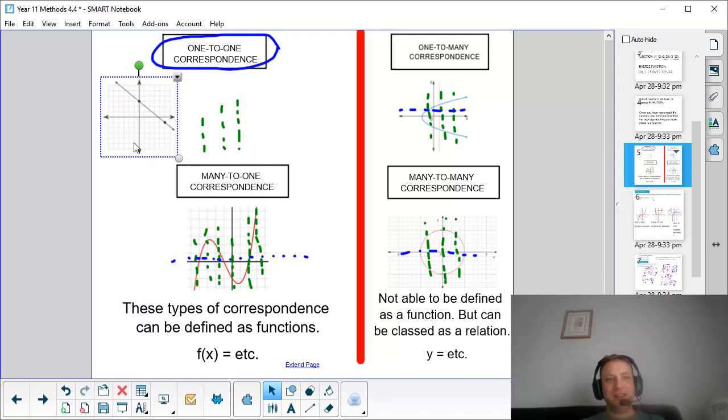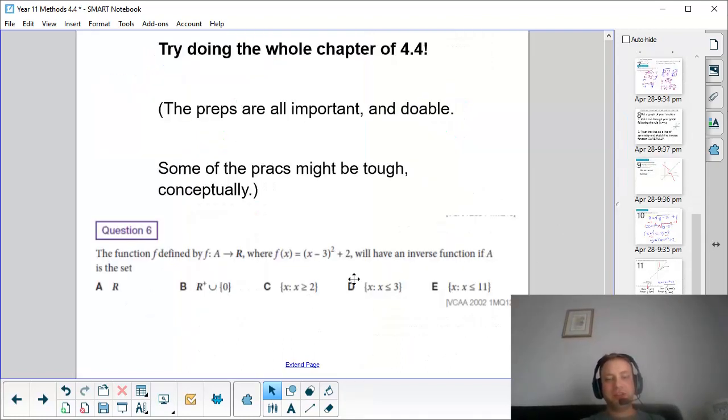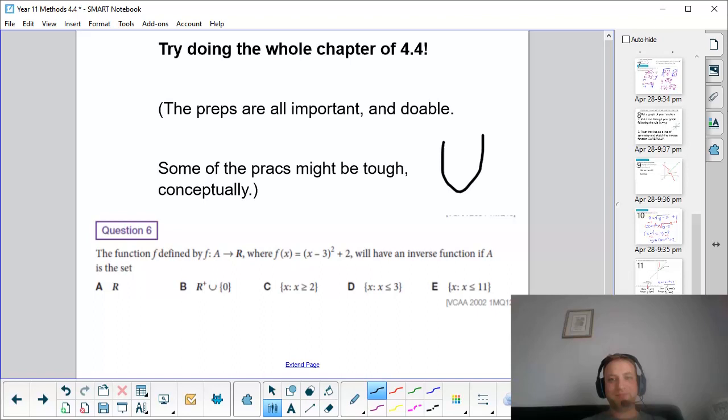So it has to pass the vertical line test and the horizontal line test as well for it to have an inverse function, right? So none of these here would have inverse functions because they fail that horizontal line test. So that's the problem with a quadratic, and that's why in Methods Year 12 they love asking these questions about quadratics, because a quadratic is inherently U-shaped. So any quadratic fails this test here.